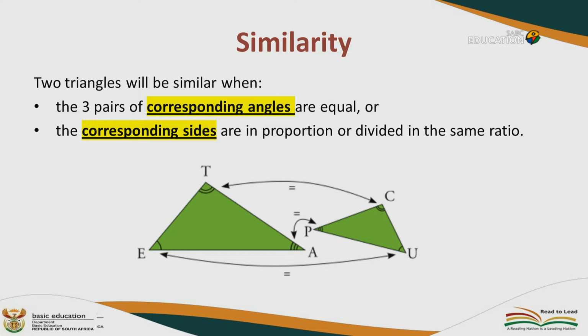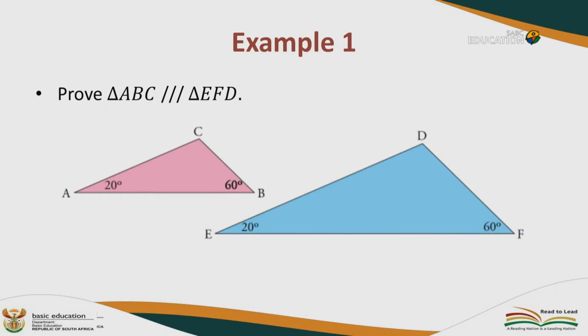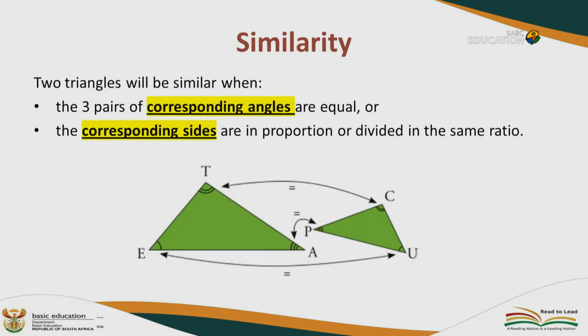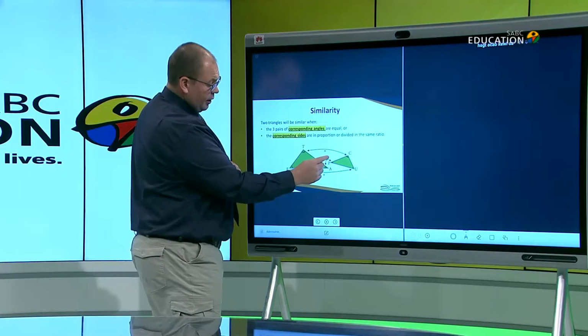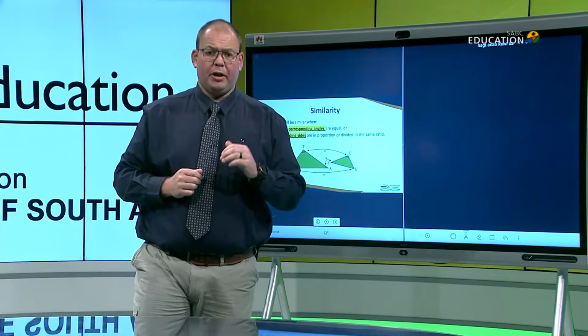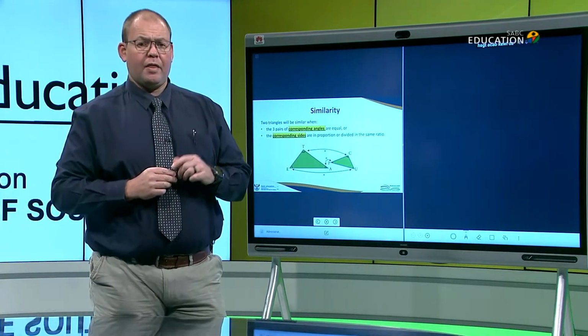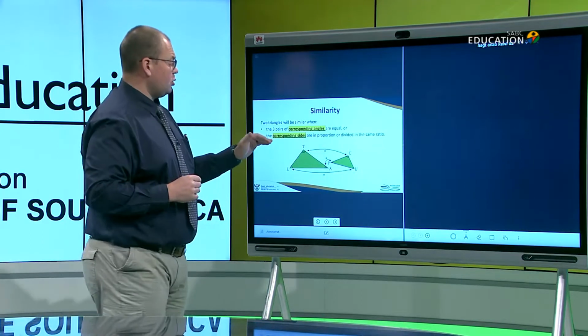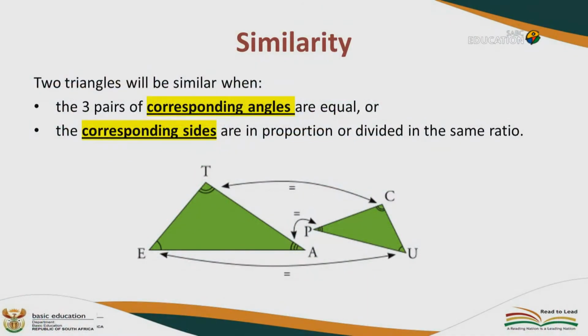So if you look at the example given, you will see that they have indicated that angle E will be equal to angle U, because there's only one arc. You see that angle T is equal to angle C because it's got two arcs at both angles. And then if you look, angle A is equal to angle P. Therefore, you've got three pairs of corresponding angles which are equal. And therefore, you can say that these two triangles will be similar.